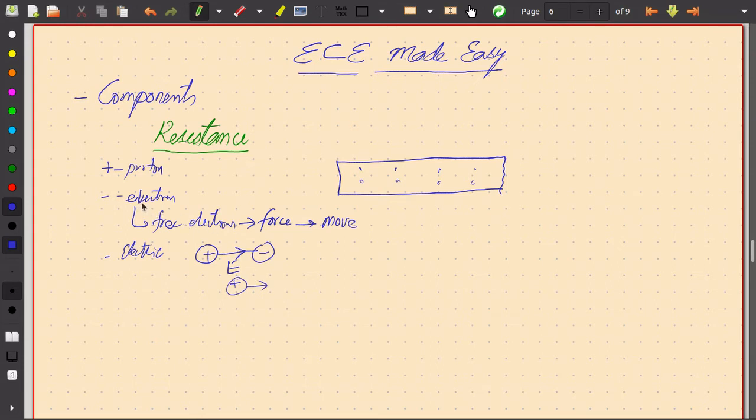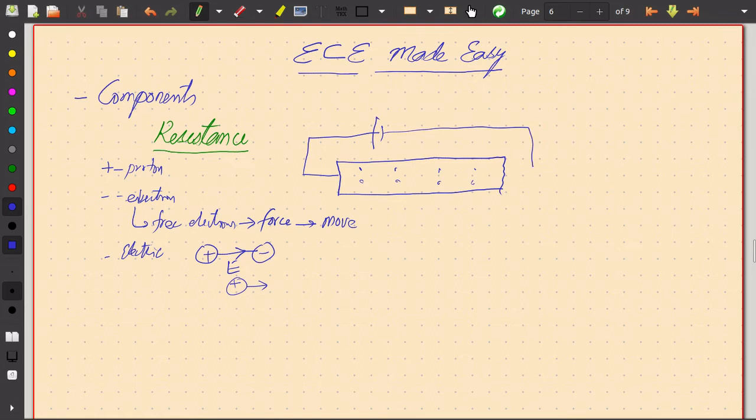But we are talking about electrons which are negatively charged, therefore, they are moving in the opposite direction as compared with the electric field.